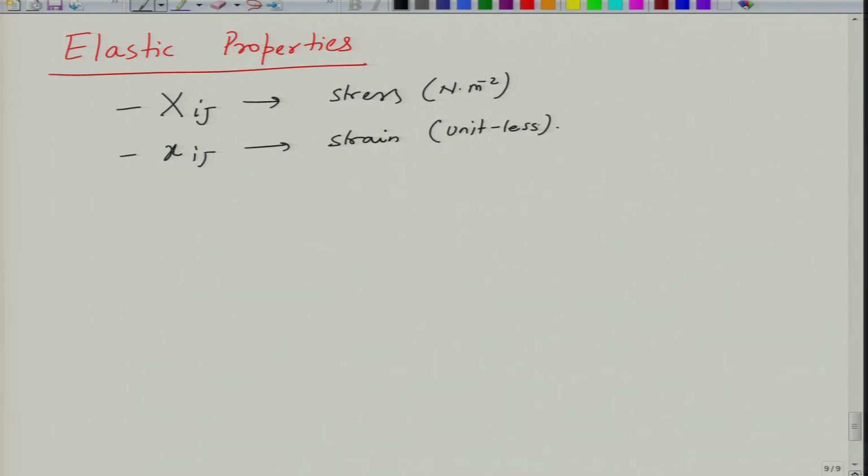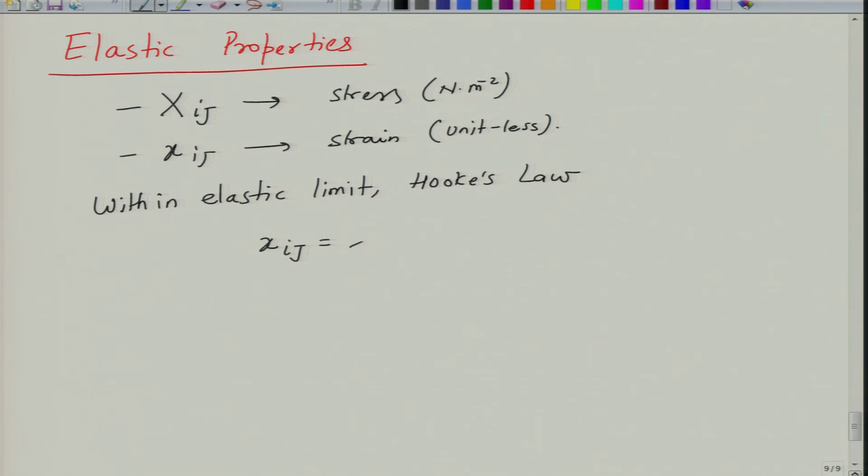So, if you apply stress on an elastic material within the linear region, within the elastic limit, you apply Hooke's law, right? And what does this Hooke's law say? This says x ij is equal to small s ijkl into capital X kl.